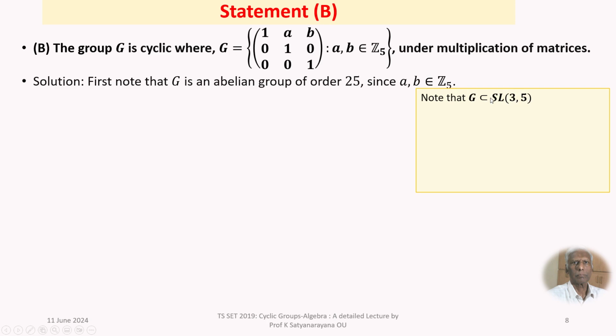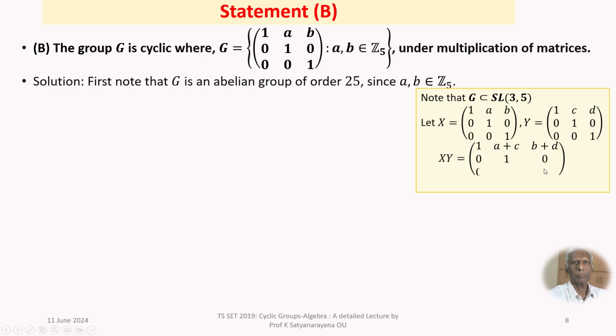The order of SL(3,5) is finite, and if G is just closed under multiplication, that is sufficient. So you take X, you take Y and multiply, and you again get an element that belongs to G. So therefore, it is a group. And further, XY equals YX because a plus c equals c plus a, b plus d equals d plus b in Z5.